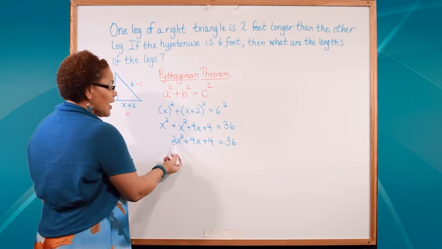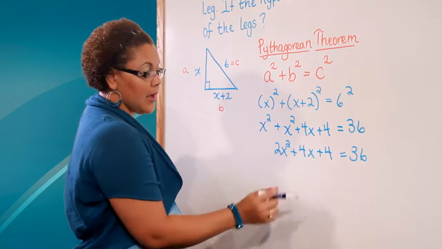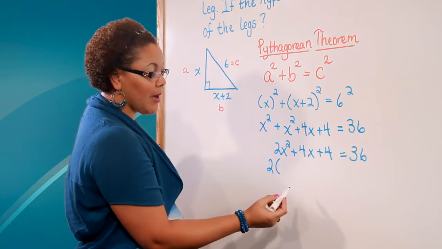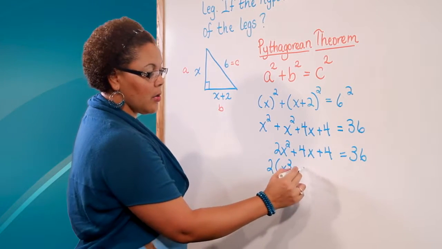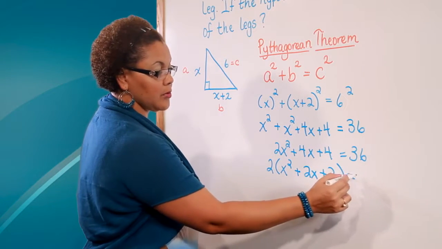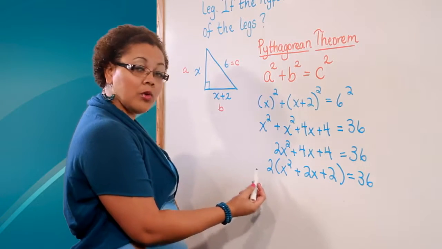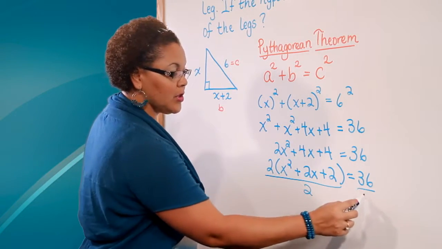And I notice that I have a GCF in my quadratic equation on the left side, so I'm going to factor out 2 because it's common to all three of my terms. So this leaves me with x squared plus 2x plus 2 equals 36. And since I factored out this GCF of 2, I'm going to go ahead and divide this 2 by both sides of the equation.